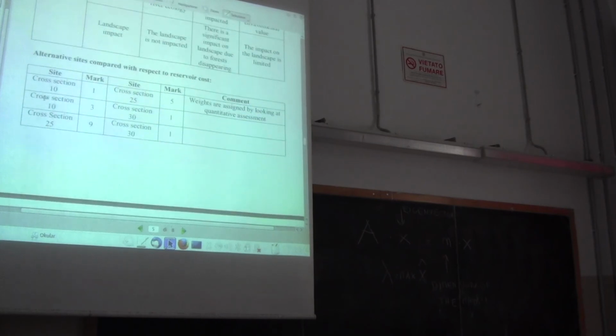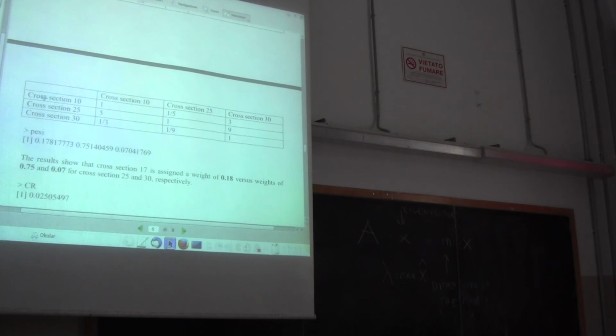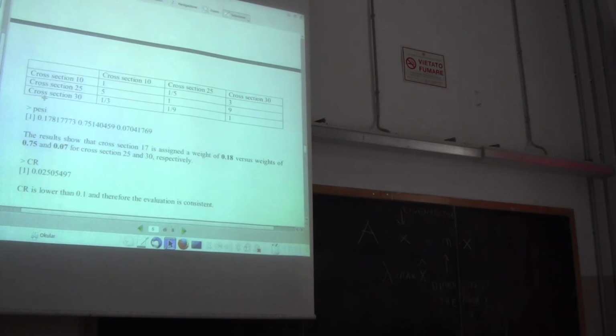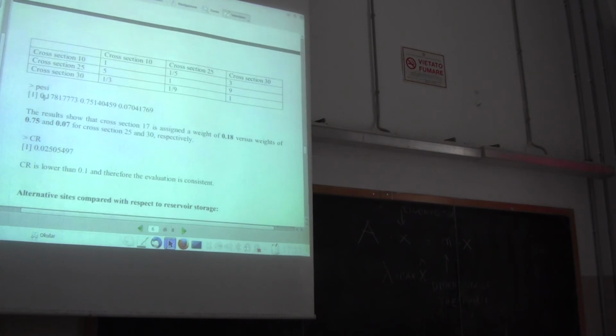And here I have again the matrix, again the weights. Basically I have a weight of 0.75 for cross-section 25, 0.18 for 10, sorry, there is written 17 there, it's 10, and 0.07 for 30, which is fine. This is what we expected. And the consistency is again fine.